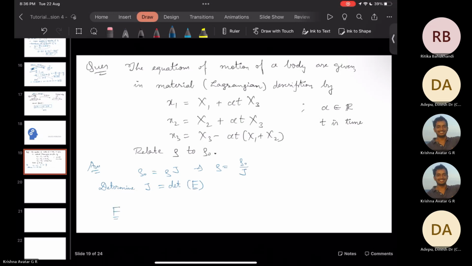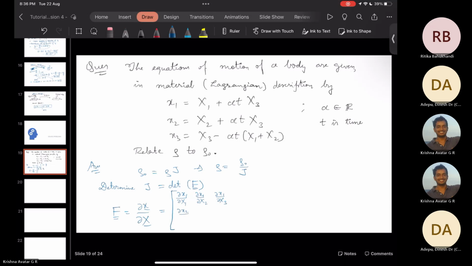F, you recall, is given by this here, and in matrix form this is how we write it. In one row we have the partial derivatives of small x1 with respect to capital X1, X2, and X3.